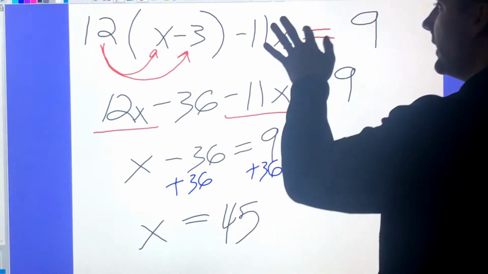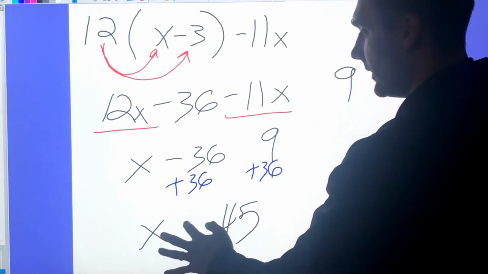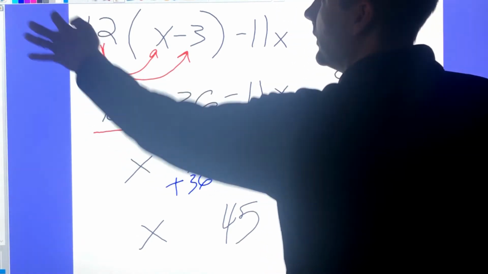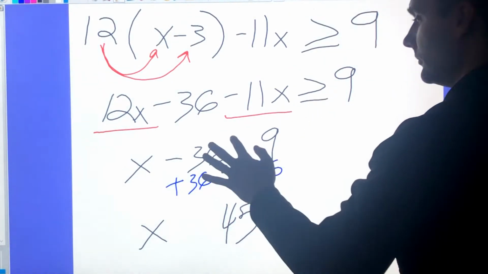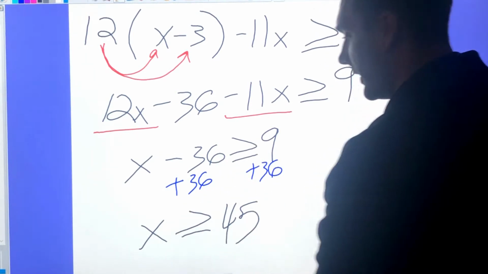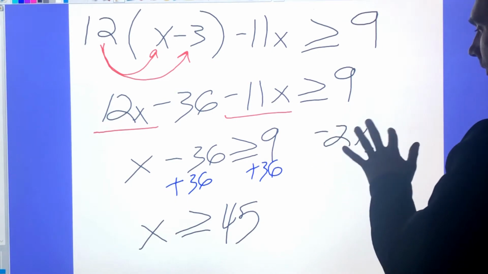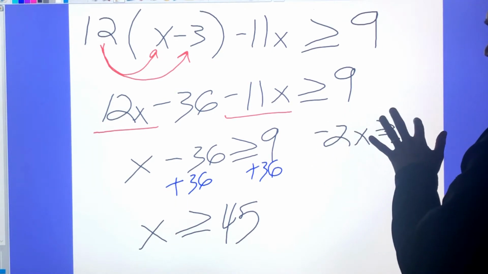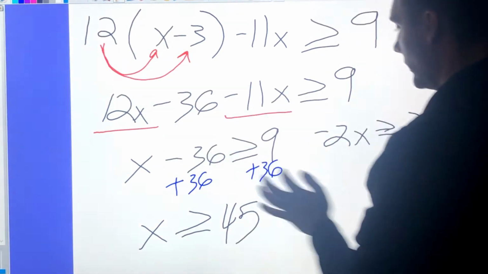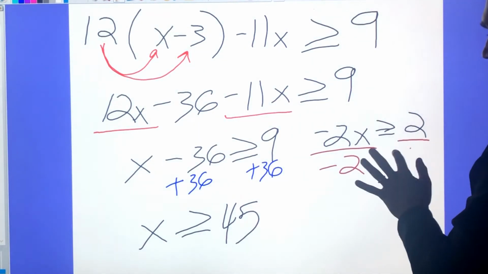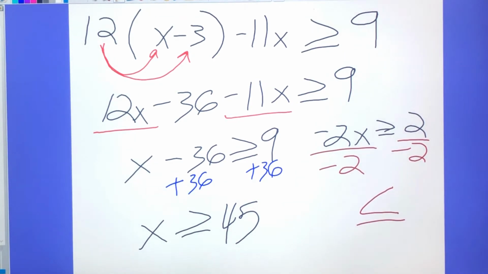Of course, this was not an equals problem. This was an inequality. So we'll go ahead and change it back to greater than or equal to. See that not much has changed, except for the fact that if I happen to divide somewhere along the line by a negative number, I would then have to flip the inequality.